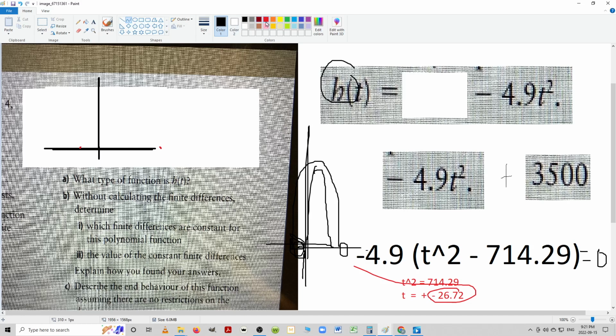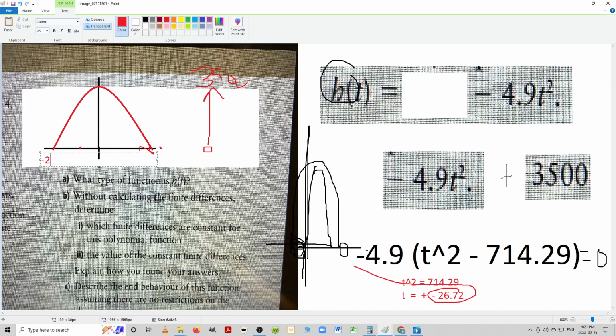Now the question, obviously, what are the reasonable expectations on the domain and the range? Well, obviously you can't go below the ground. So the range goes from 0 to the maximum height of the plane, and we've just proven that that's the maximum height. How do I know it's the maximum height? Because the axis of symmetry will be in between any 2 points on the graph that are at the same y level.